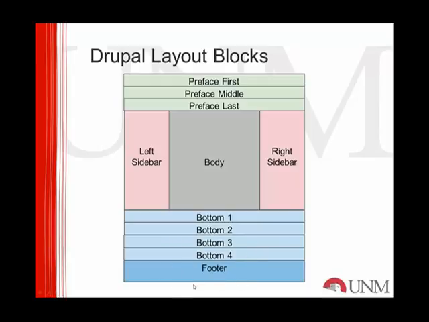Then we've got a footer down here at the bottom for final logo display and stuff like that. So all of these areas just structure where major features go. Usually one of these preface areas has the search box in it. Another might have a top level menu bar that goes across the top. Another one has your logo and your site name in it, etc.